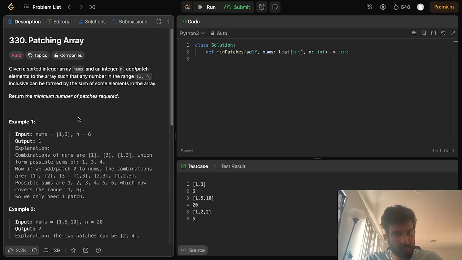So I guess we could start with six. So we look for six, and we break six down into one plus five.